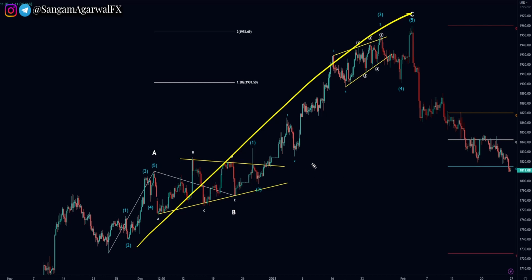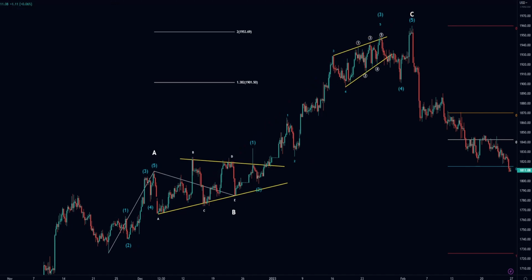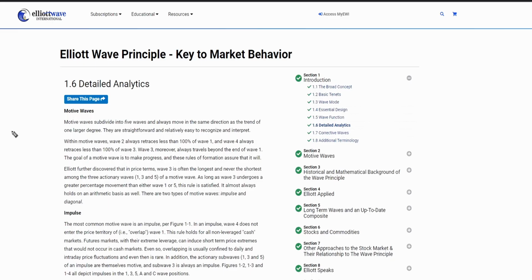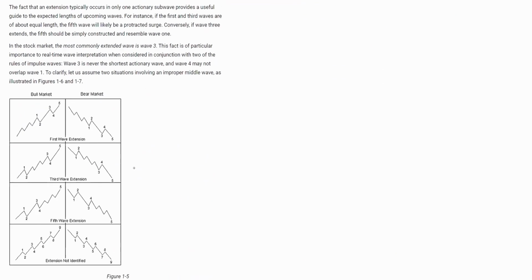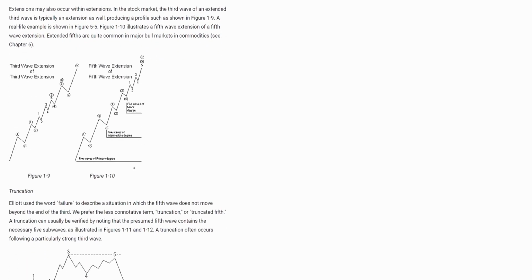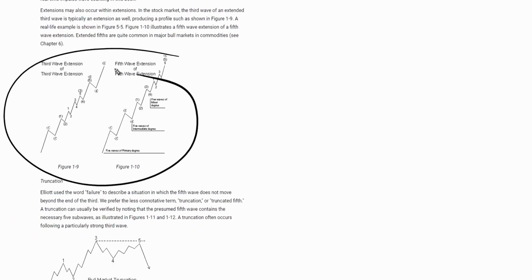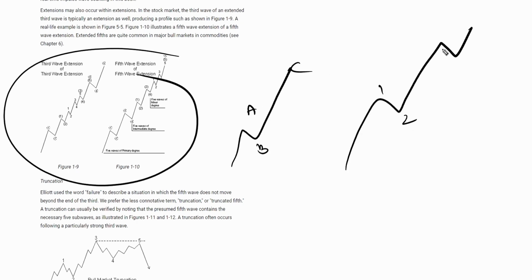But before we start this video, if you read a book and see the rules explained in it, the book has examples for impulsive waves. But I will give you an example where impulsive wave and corrective wave are both mixed and both are in extended format.